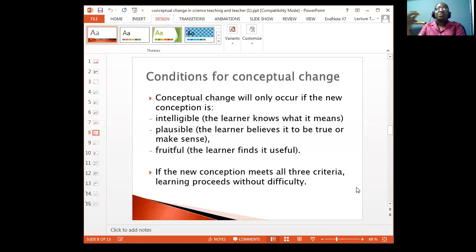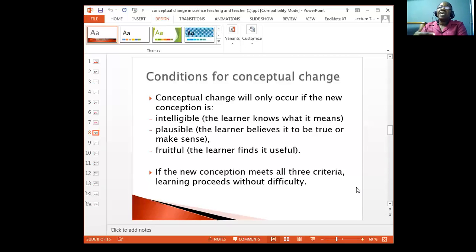Now, the truth is that if the idea does not meet these criteria, there's not going to be any compulsion to actually learn or embrace this new idea. So sometimes it is how the idea is presented, and that is where our role as facilitator comes in. We have to present the material in a way that it is intelligible.